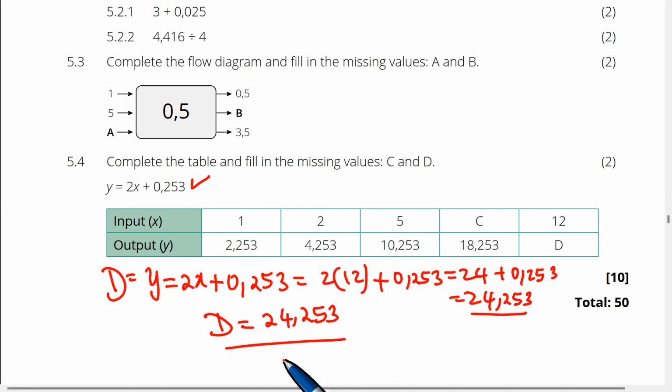Okay, so it's about input and output values. At this point, your input is exactly 12 and the output is D. So the X is 12 here and therefore the output is D and you get the answer.